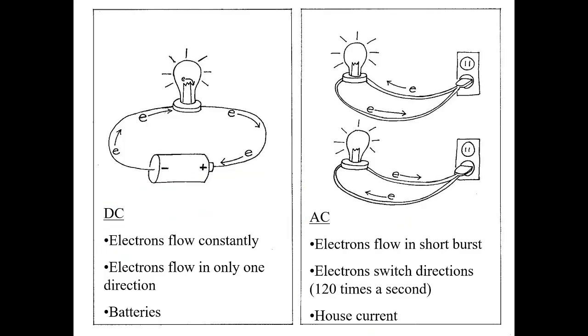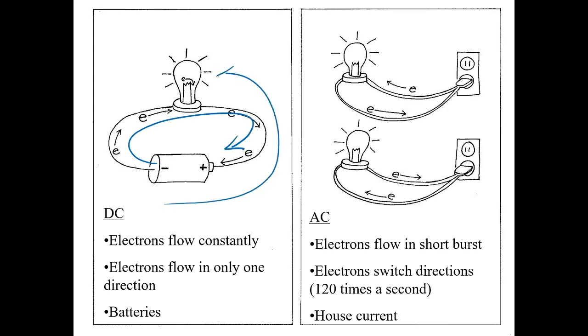And just a real quick slide or two, because we're not going to do a lot with AC power, is the difference. DC power usually comes from a battery. Now I'm showing the electron current, but the conventional current just goes in the opposite direction. In DC power, the current flows constantly.